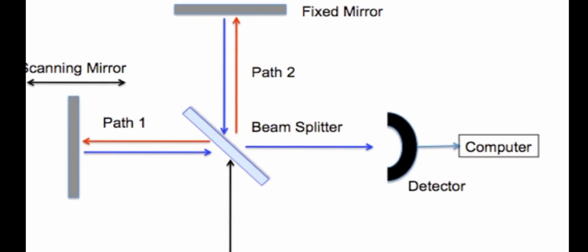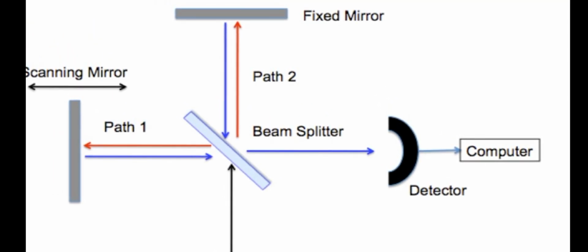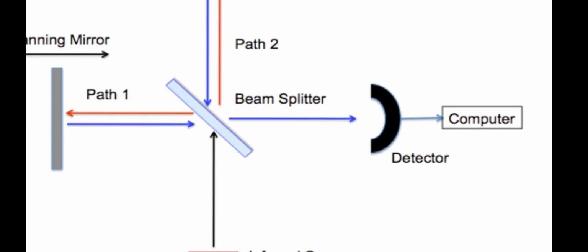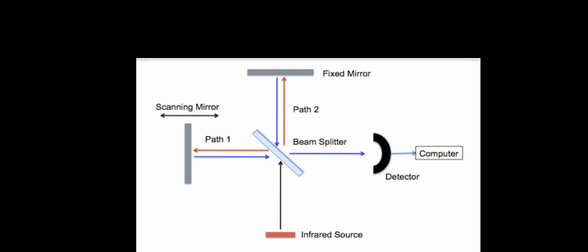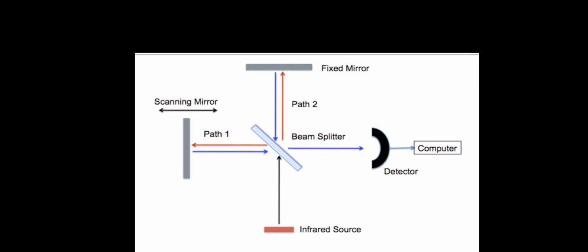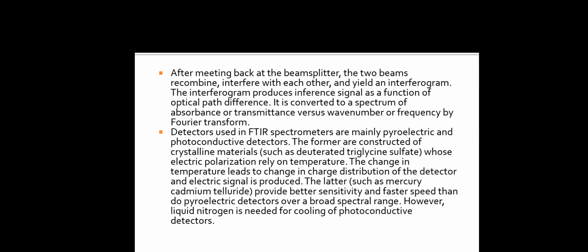And after the beam splitter, the sample is placed before the detector. So by using this type of interferometer, with the fixed mirror and the moving mirror, the amount of light that is absorbed by the molecules can be gradually increased by giving it more wavelengths of light, as it normally absorbs from the IR source.